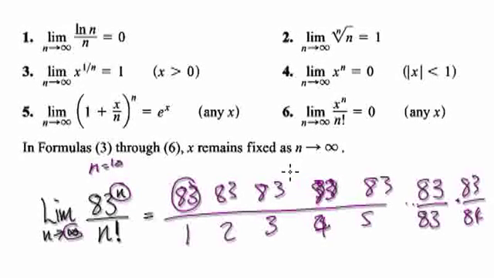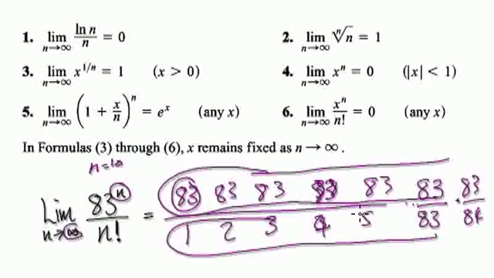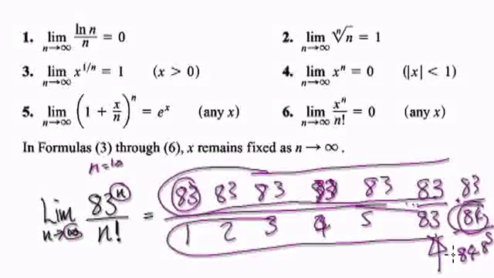The point here is that you've got the numerator divided by the denominator, but beyond this point, you've got 84 times 85 times 86. Beyond this point, the denominator will get much bigger than 83, because the numerator at the top is just going to be 83 all the time.